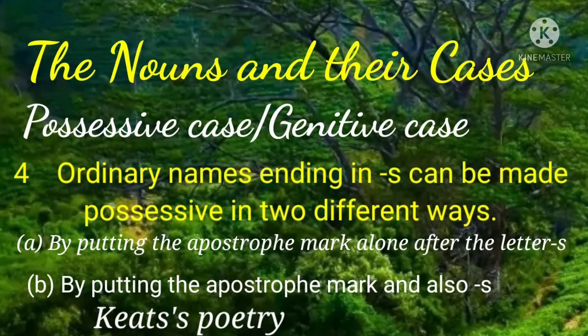You can write the name Keats, then put the apostrophe mark, then S, Keats's poetry. If you want, you can omit the last S. It can be written as Keats apostrophe mark after the letter S.